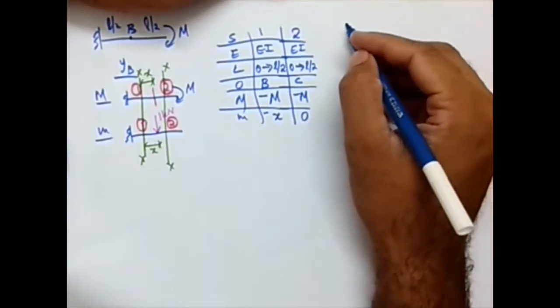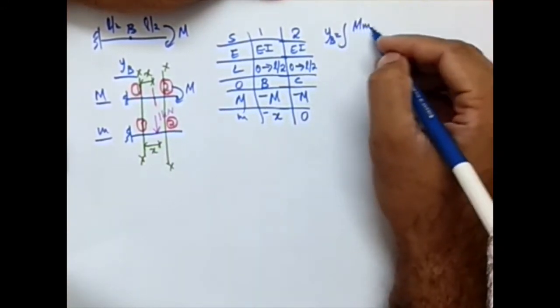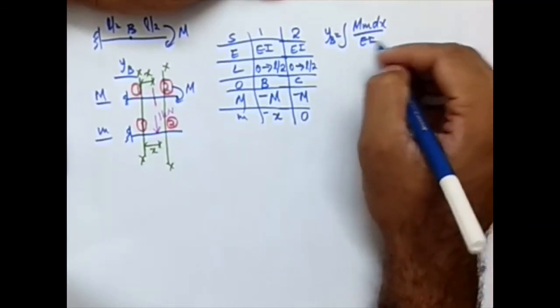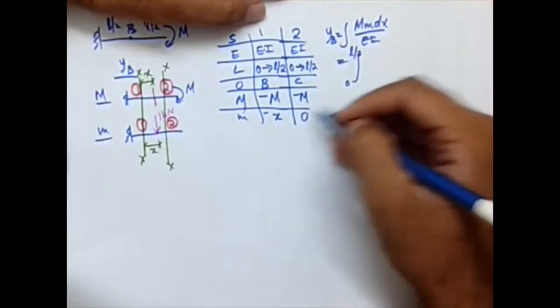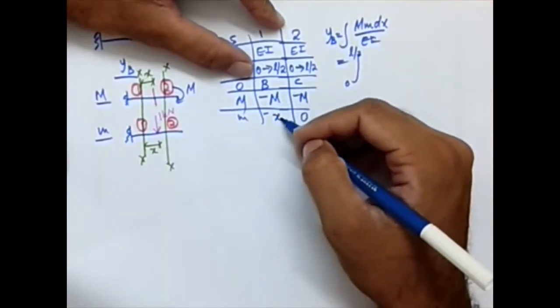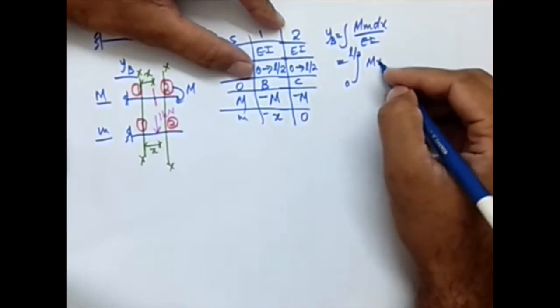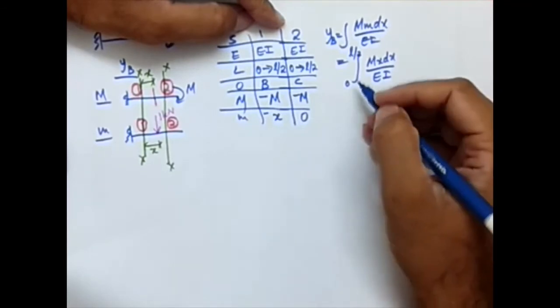Now just substitute the condition. YB is equal to the integral of M m dx by EI. So limit is 0 to L by 2. I am going with the segment 1. So the value of M, capital M, small m, multiply, I am going to get M x dx by EI. Okay, limit is 0 to L by 2.